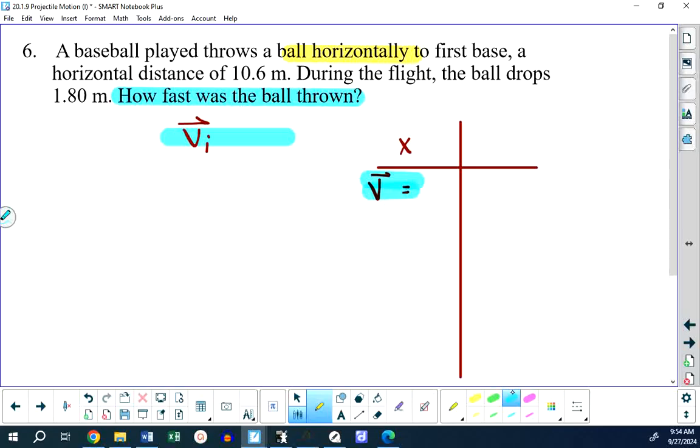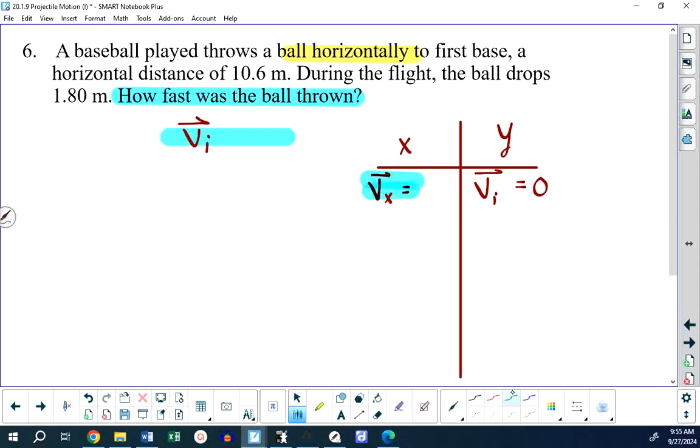Because when you look at the initial vertical velocity, it's 0. So when you add the initial vertical and the initial horizontal, you get the true initial velocity. I mean, if you like, I can call this X. But when I talk about VI, and this gets tricky, this velocity of the ball, which is what we're after, is this number here.